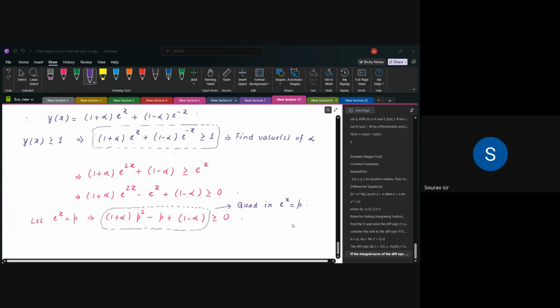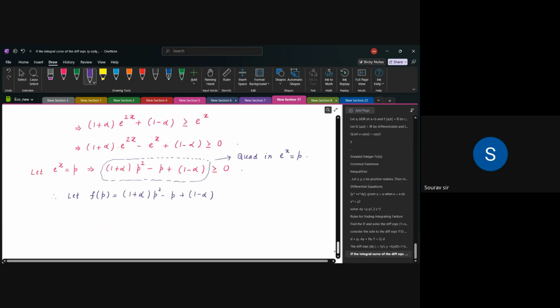So this entire quadratic is some function of p. Let f of p be equal to (1 plus alpha) p square minus p plus 1 minus alpha.